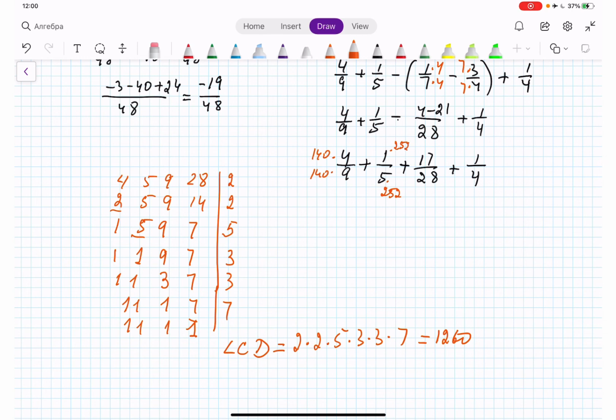Next, 1,260 divided by 28 is going to be 45. And next, 1,260 divided by 4, we get 315.